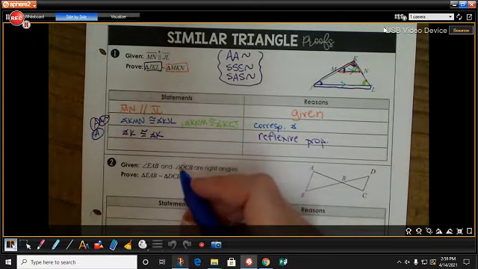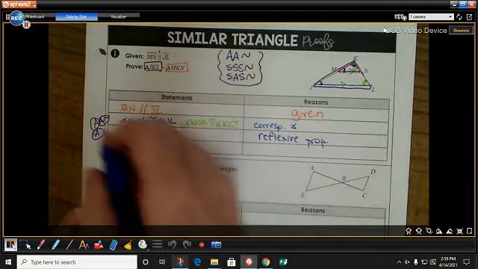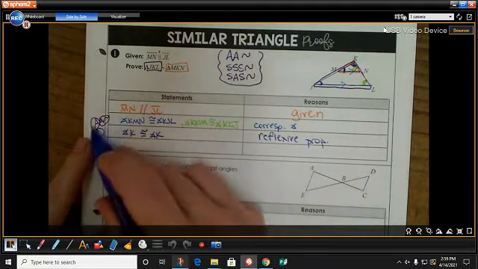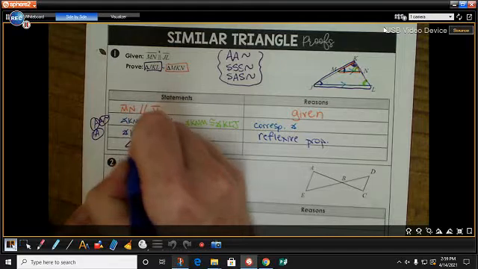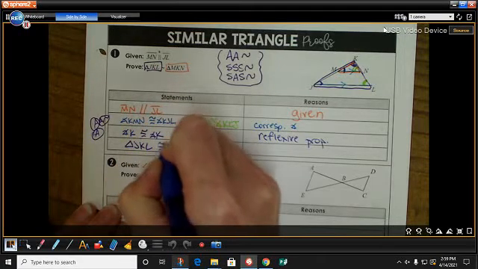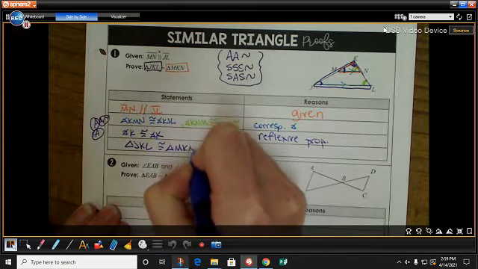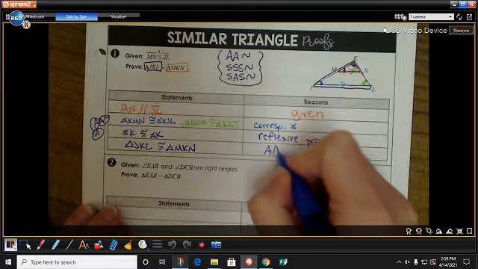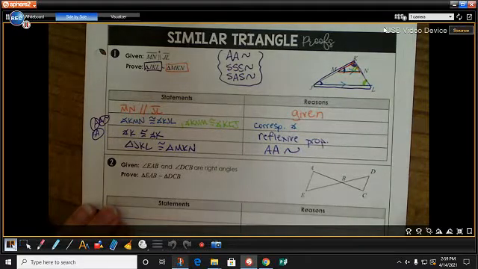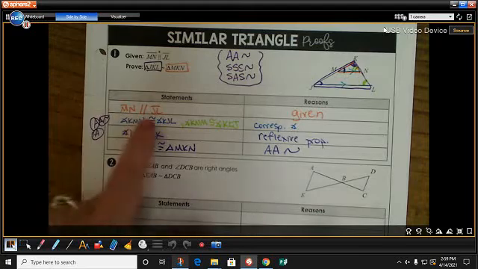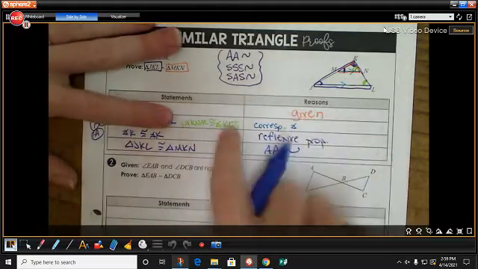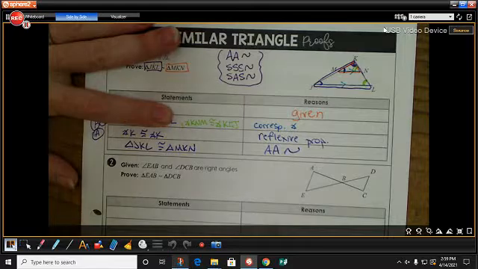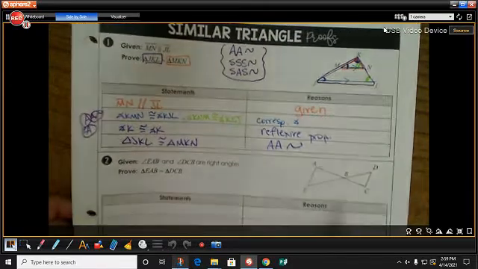So I actually have all three, but I only need two of them. And so since I have at least two angles being congruent, I can say that triangle JKL is similar to triangle MKN by angle-angle similarity. Any two of those would have worked. So I could have used just these two, or these two, or these two. Any set would have worked.